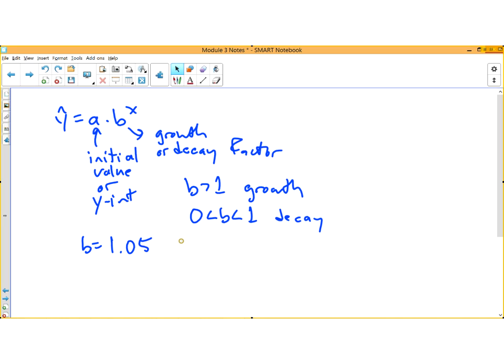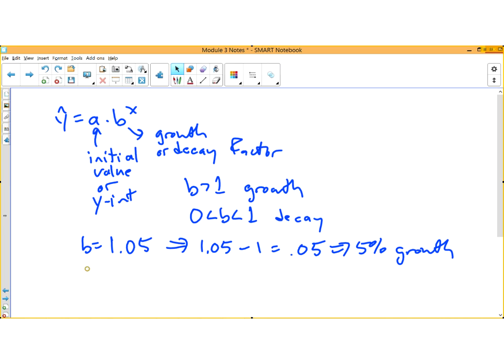And this is explained in OLI as well, but if b equals 1.05, you would do 1.05 minus 1. That equals 0.05, which is 5% growth. So you always just subtract 1.